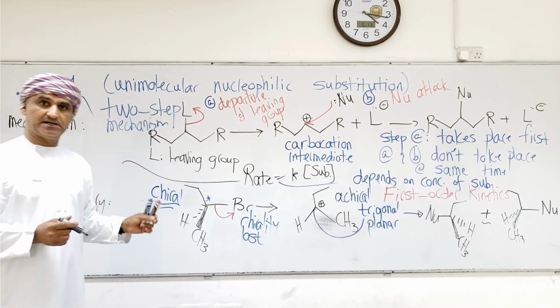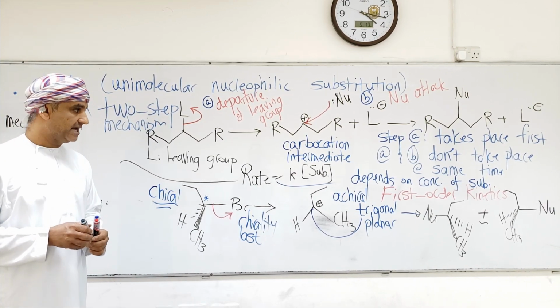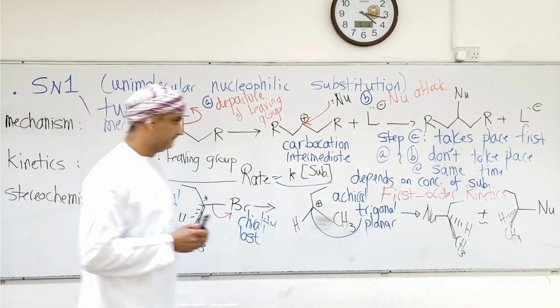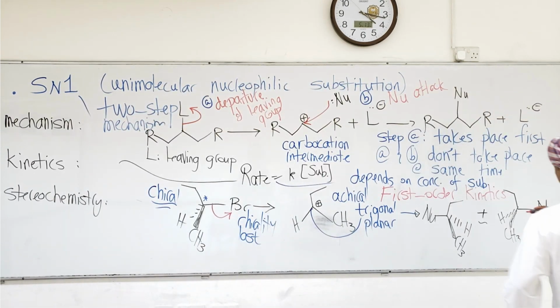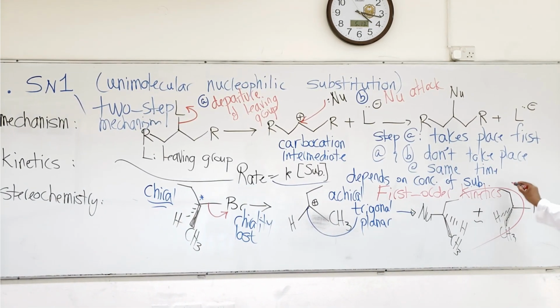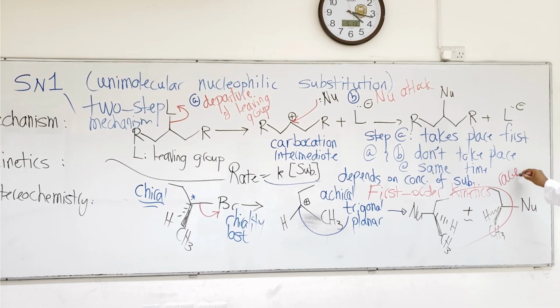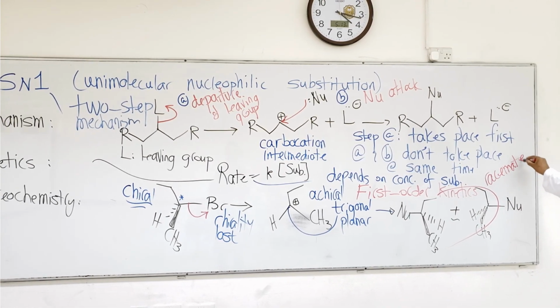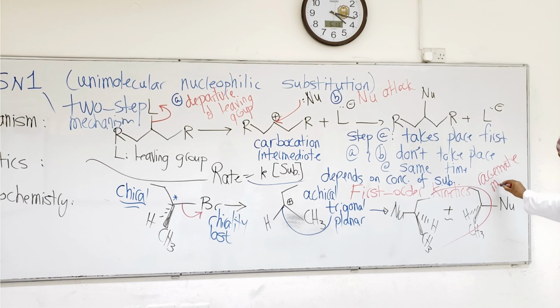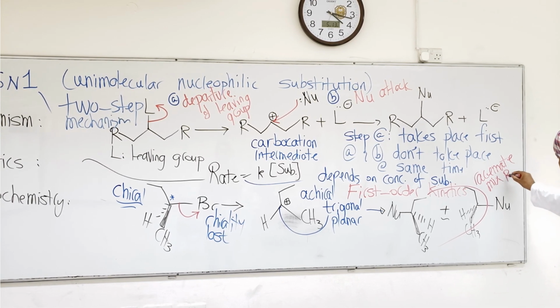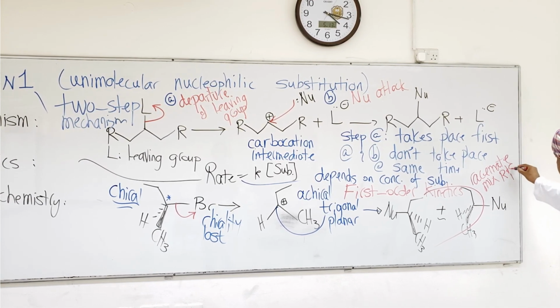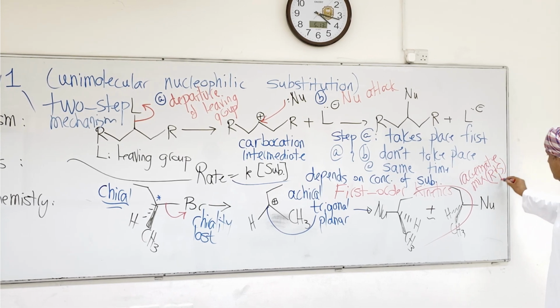That is because the chirality is lost, yeah? So this is a racemate, this is a racemic mixture. Racemate means a mixture of R and S.